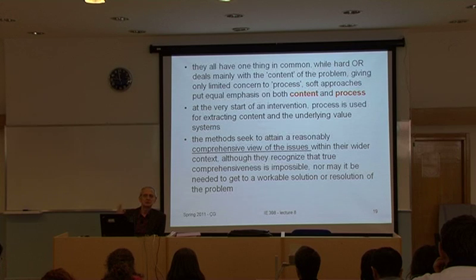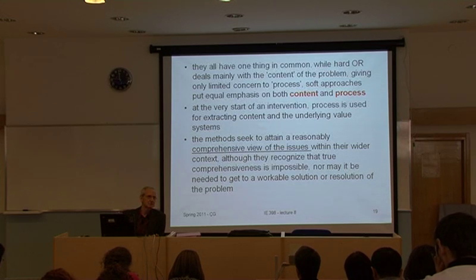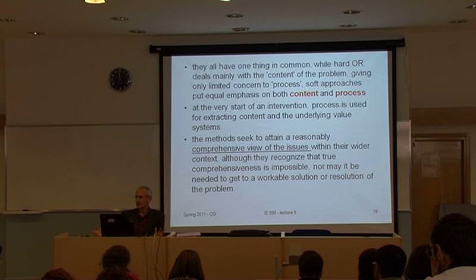So think of a mathematical model. Trying to solve the mathematical model, that's what we mean by content. Think of the inquiry that you have to conduct before modeling about what the system is like, who the stakeholders are, what objectives there are. The process of making those inquiries is called the process.